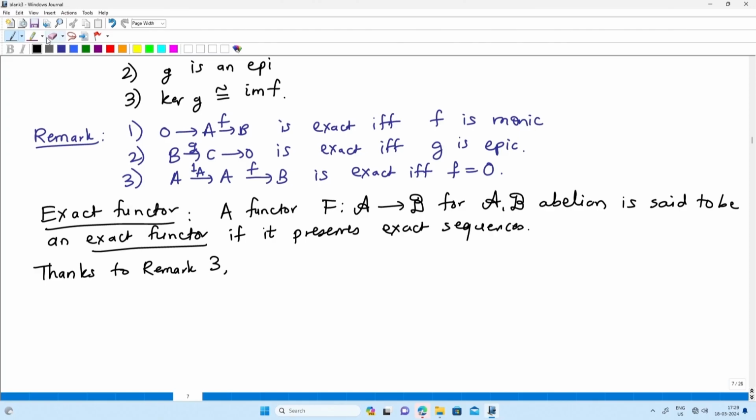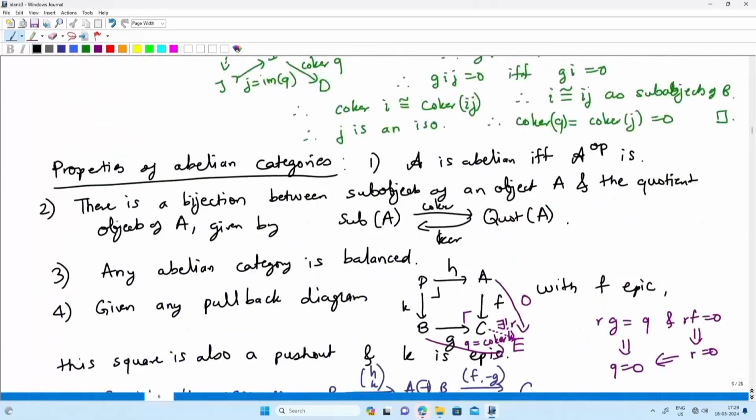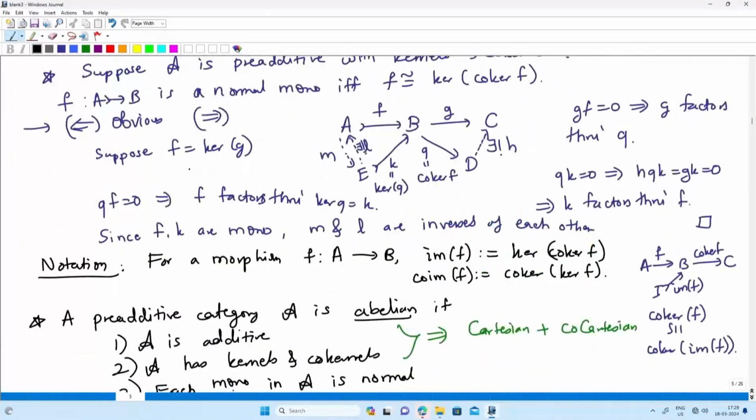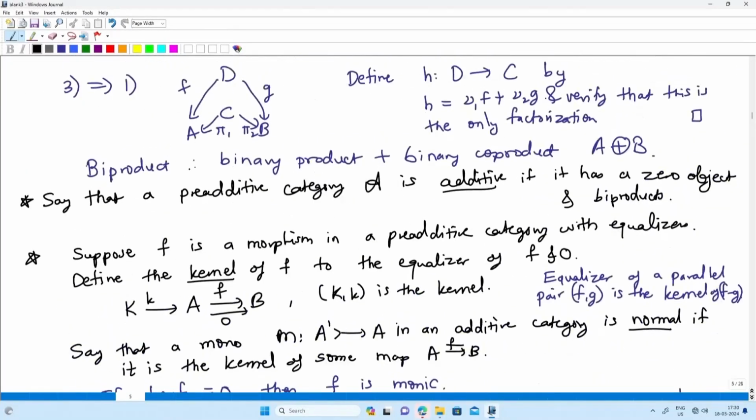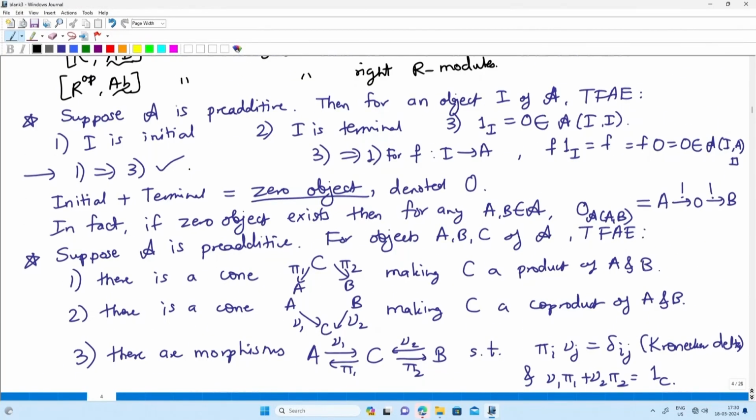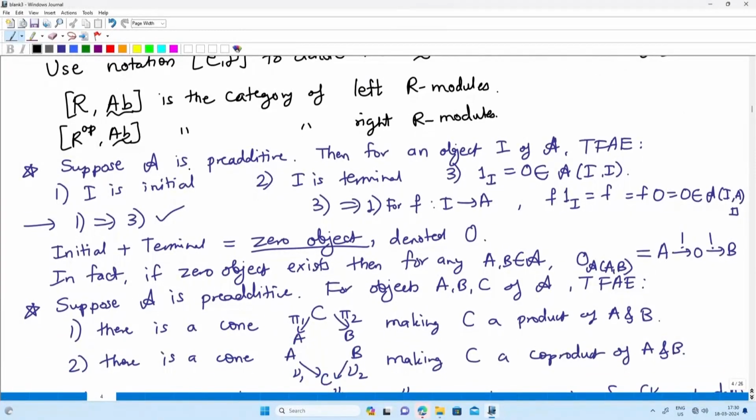When is an object the zero object? Let me scroll up. Home set is singleton, and we wrote something. Yes, I think it's here. So for a pre-additive category, an object is initial if and only if it is terminal, if and only if the identity is 0. Okay, so now use this.